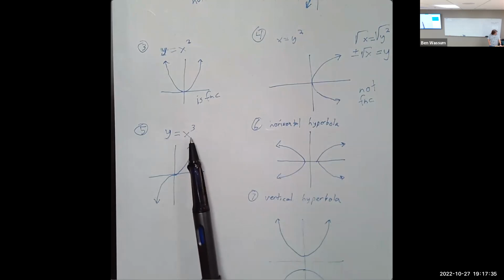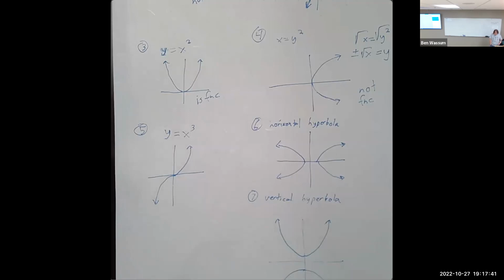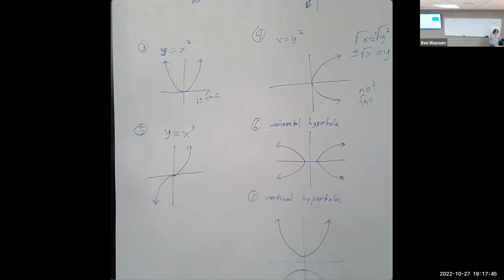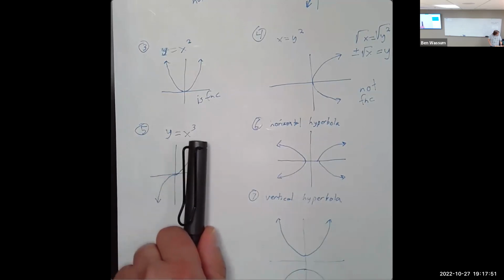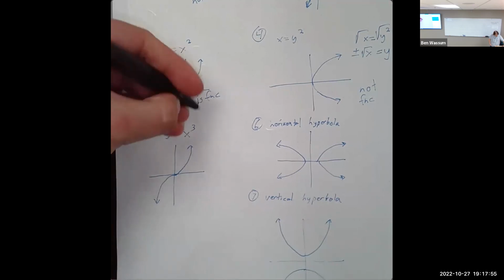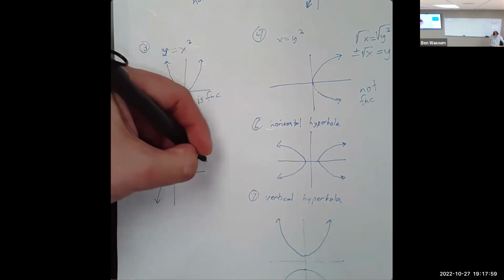Is there anything I can plug in for that x that would spit me out more than one y? No. If I multiply something by itself 3 times, it's going to do exactly what multiplying by itself 2 times does. It's going to give me a number, right? Okay. And again, it passes our vertical line test. So it is a function.